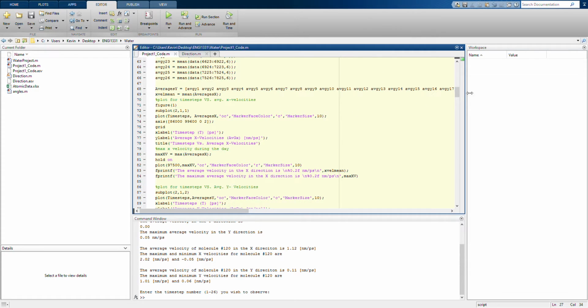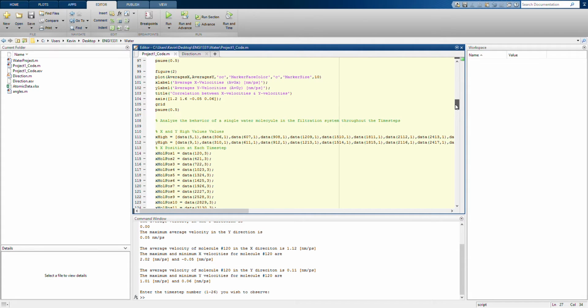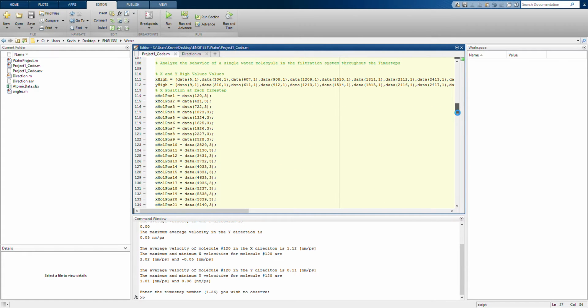After that, we decided to single out one data point and follow it through its whole day. That means we would follow it through every single time step, all 26 time steps that we were given, giving it its x velocity, y velocity, x position, and y position.